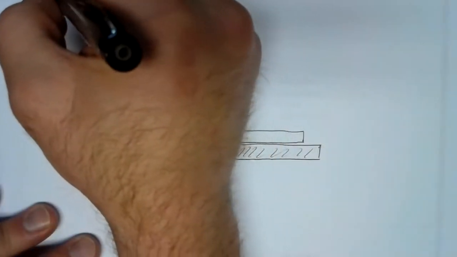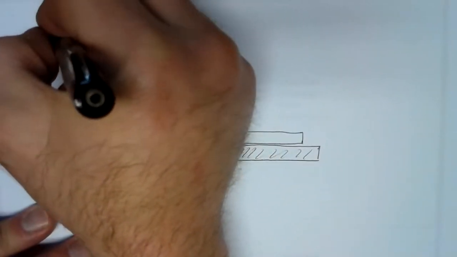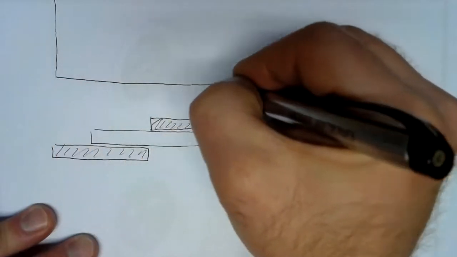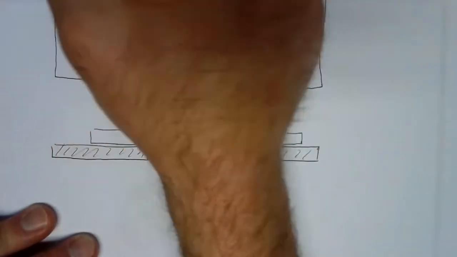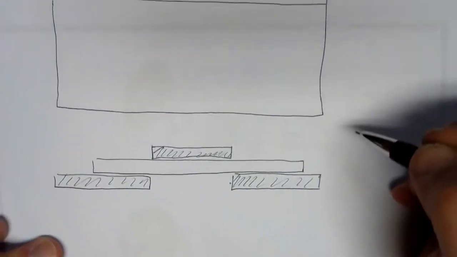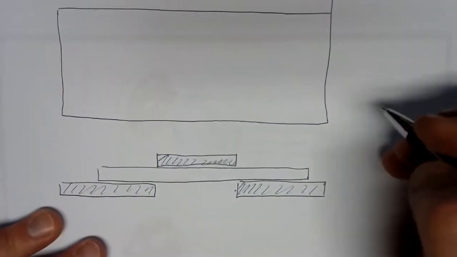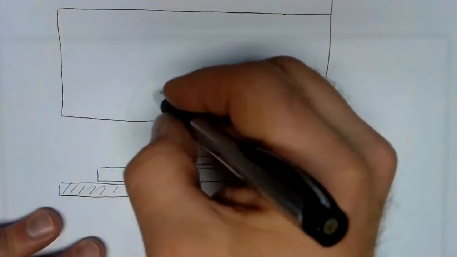Now the top view of this would look something like this. I'll try and get the sizes to match up so it looks reasonable. So we have this bottom part.